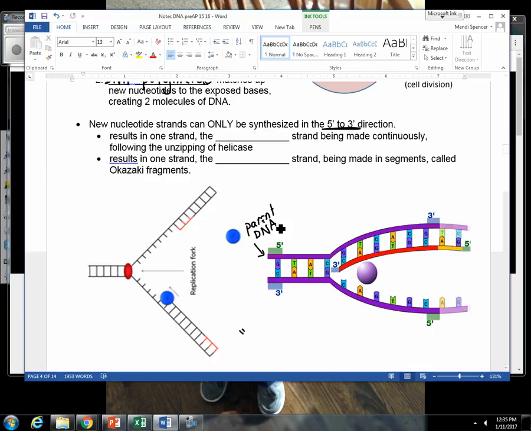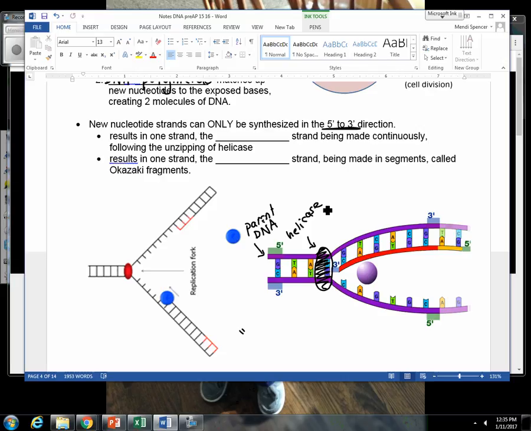This is what we're going to copy. And we can see that the DNA has already been split. As a matter of fact, let's go ahead and draw on helicase here. I'm going to put a blob here to represent this enzyme called helicase. I'm writing small for a reason. Before you try to figure out anything about replication and the direction that we're going to move these enzymes, you first need to figure out the labels, the 5' and 3' ends of our DNA molecule.